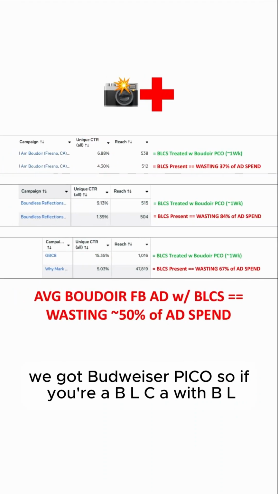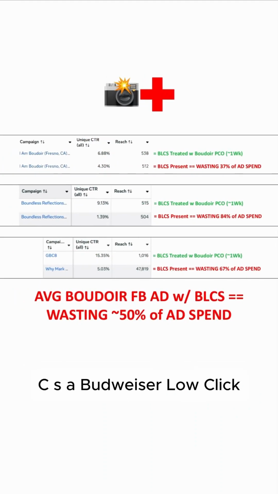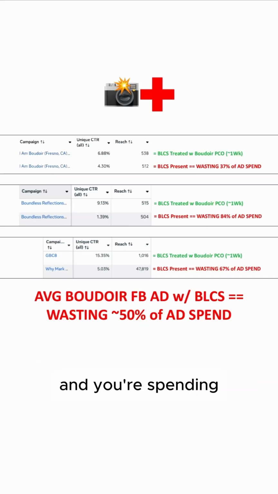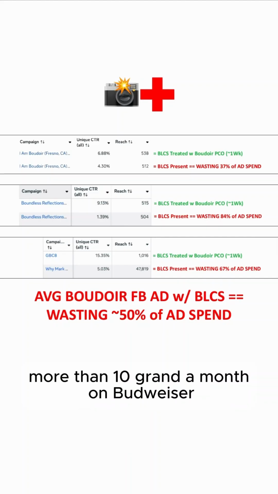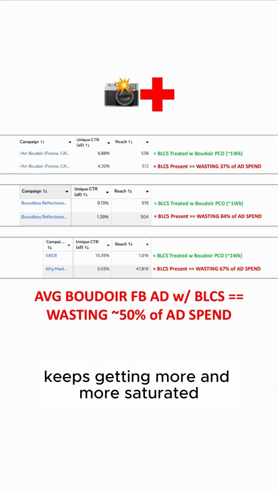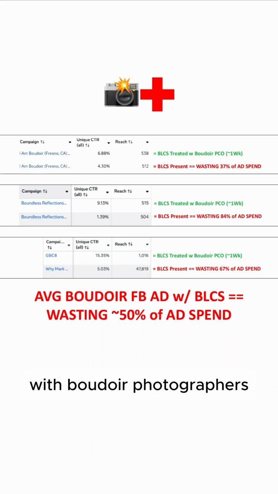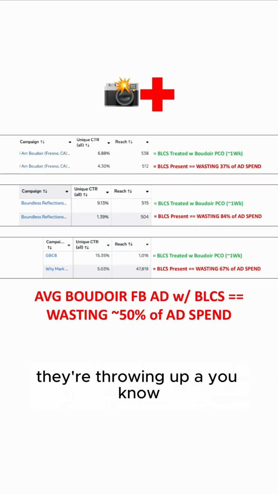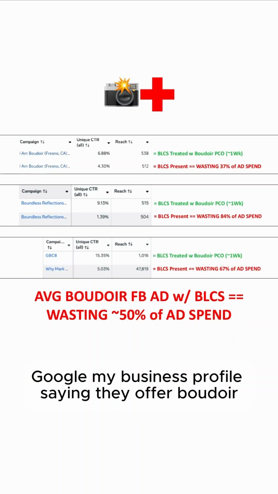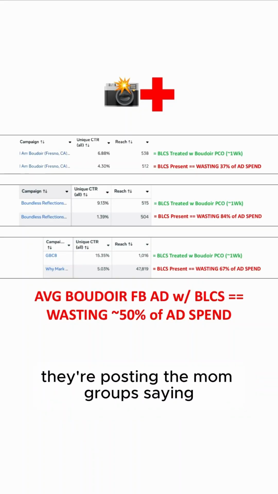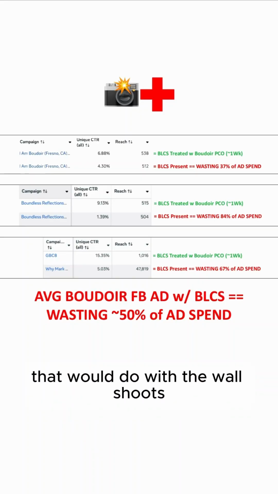So if you're a BLCA with BLCS, a boudoir low click advertiser with boudoir low click syndrome, and you're spending more than 10 grand a month on boudoir Facebook ads, and you've seen how the market keeps getting more and more saturated with boudoir photographers. Like, every time someone gets a new iPhone, they're throwing up a Google My Business profile saying they offer boudoir, or they're posting in the mom groups, or if they get a new camera, they're posting in the mom groups saying they now do boudoir shoots.